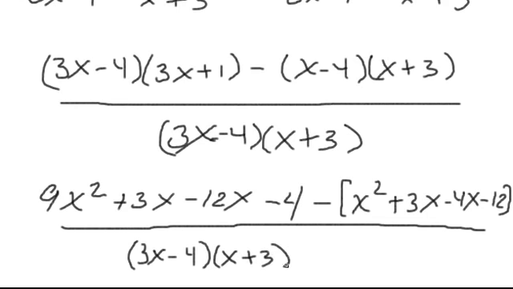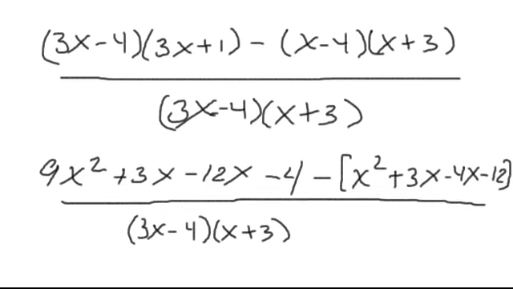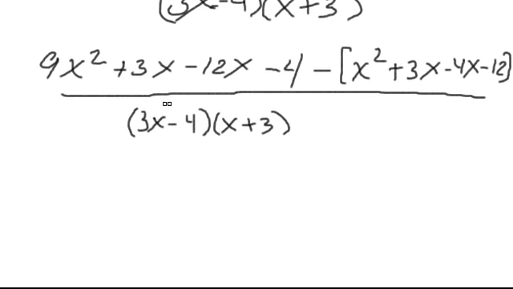But boy, we need to clean this stuff up. This looks like a mess up here. Let's just try to do something here. We've got 9x squared. We got a 3x minus a 12x. That's going to be negative 9x minus 4.